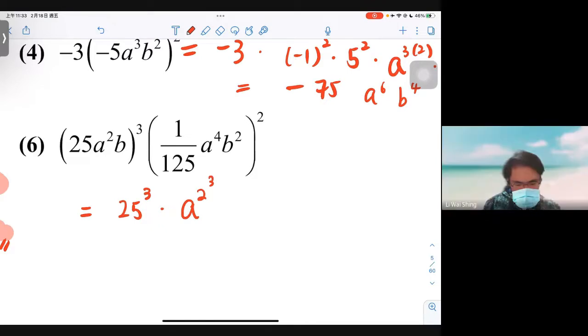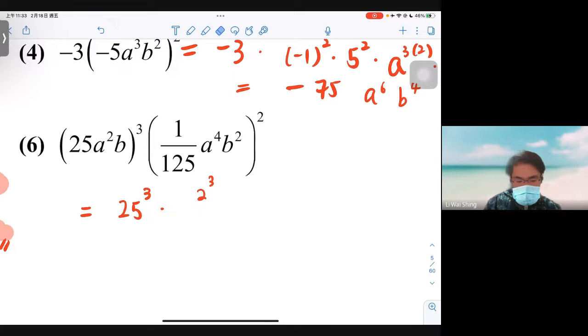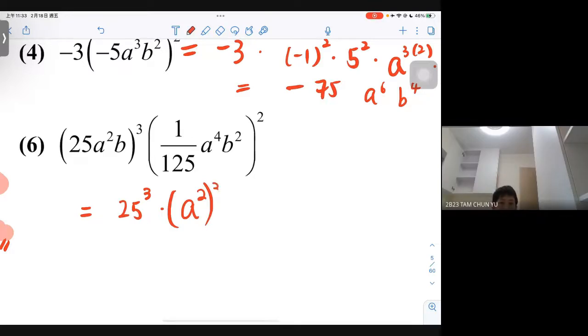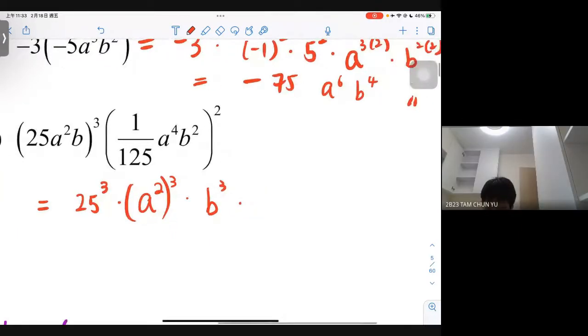Yes. So it becomes 8, or 6, a bracket. Something like this, right? Yes. And then times b cubed, and times 1 square over 125 square. Yes, good. Continue. Times a to the power of 4.